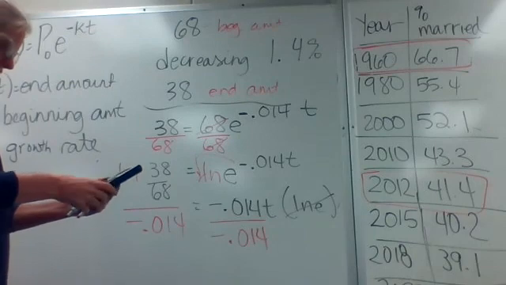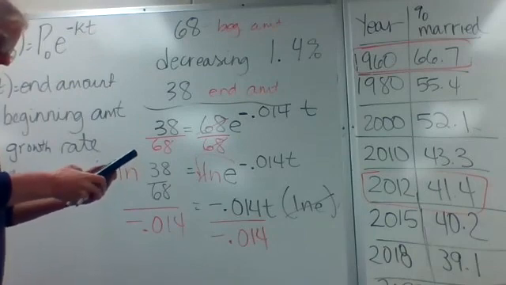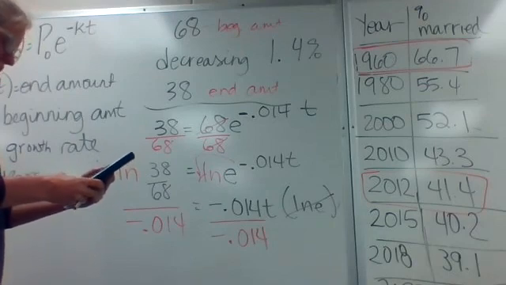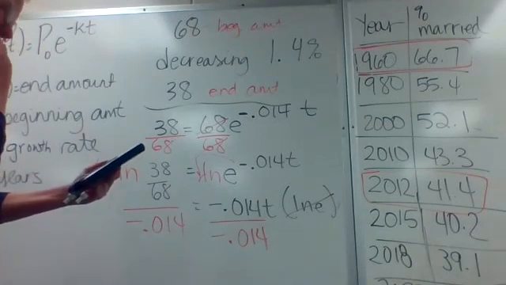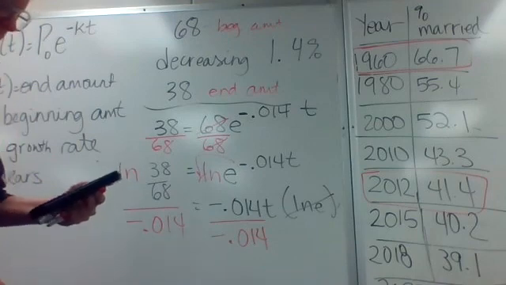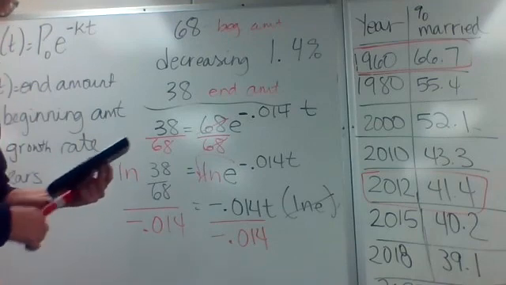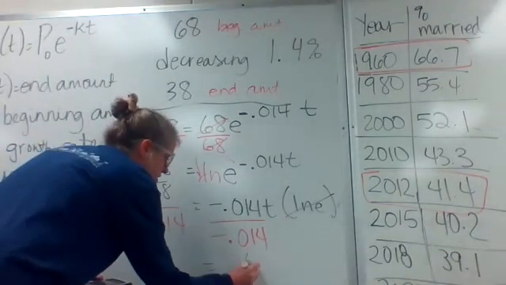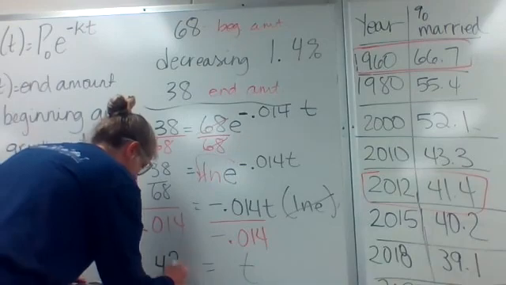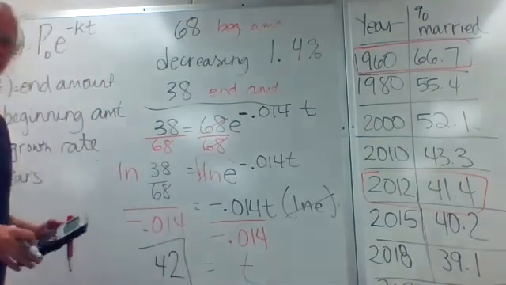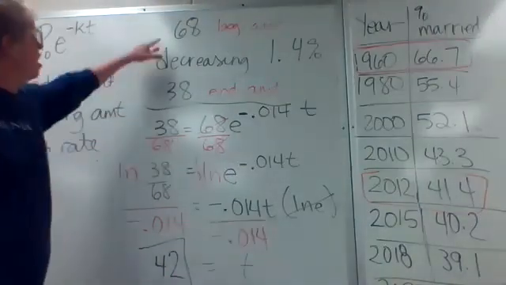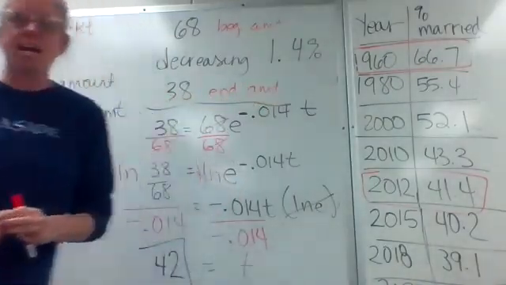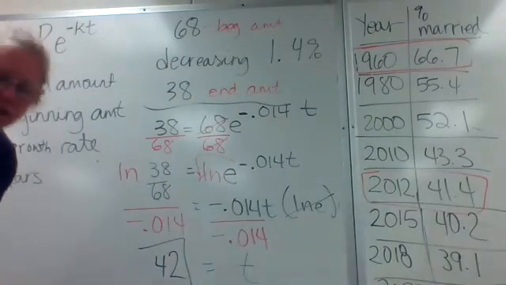So let's see, ln of 38 over 68, close, divide by negative 0.014, enter, and the nearest whole number. 41.5 will round up to 42. So it would take 42 years to go from 68 million to 38 million if it is declining at 1.4%.